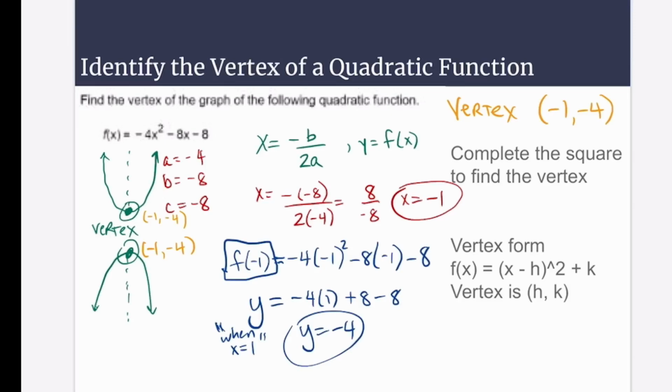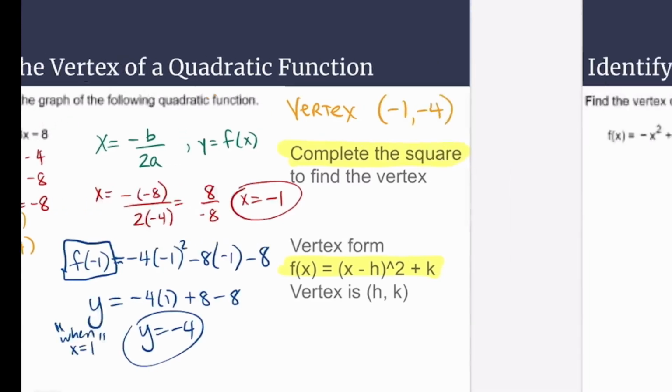If your teacher wants you to write this in vertex form, you would just have to use the completing the square process to find the vertex and do it that way. So that's going to depend on them, and I have a video for that if you need it.